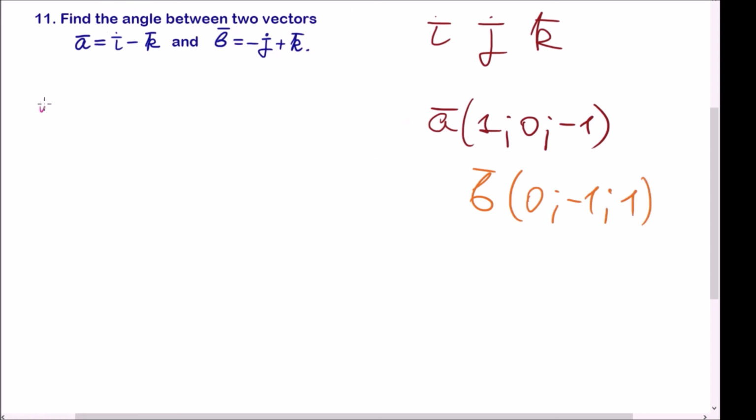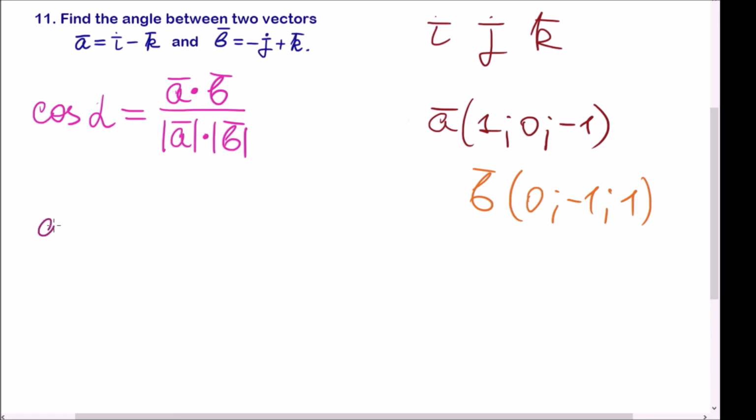The cosine of the angle alpha between vectors a and b is the scalar product of the vectors a and b, in other words the dot product, divided by the product of their absolute values, the product of their lengths.